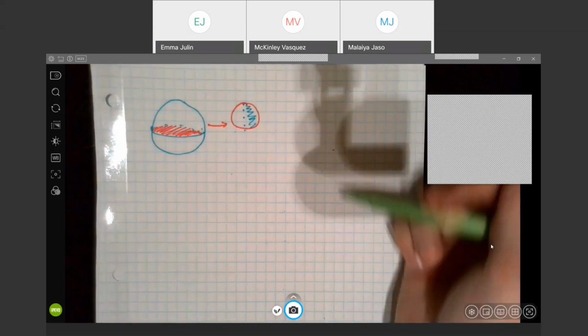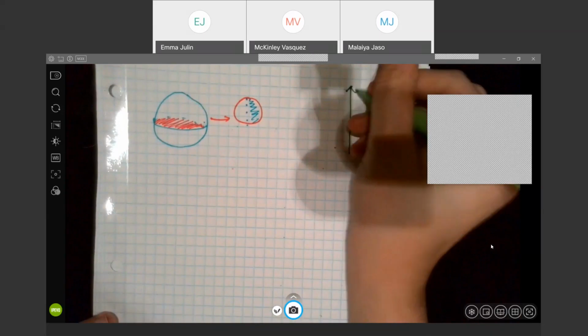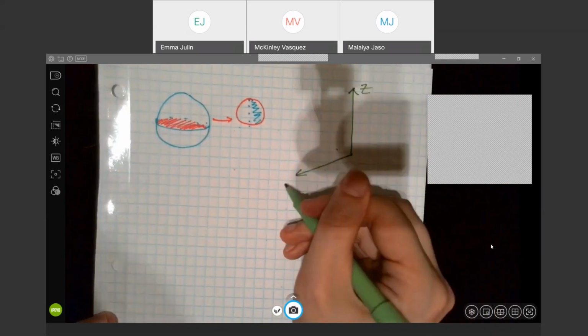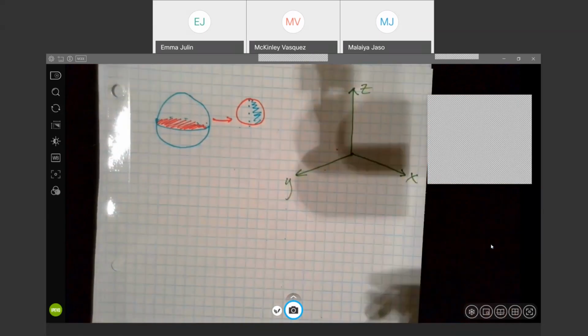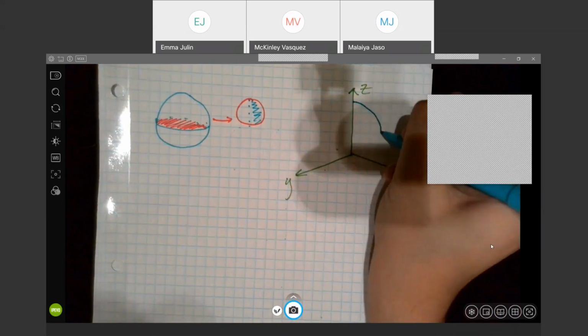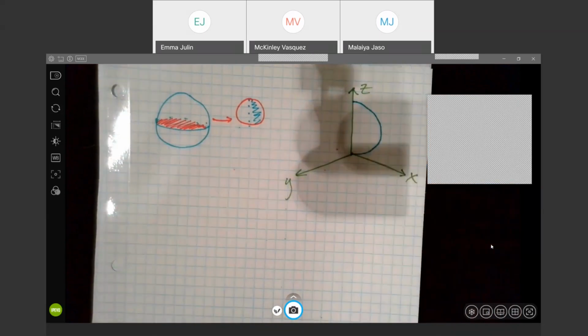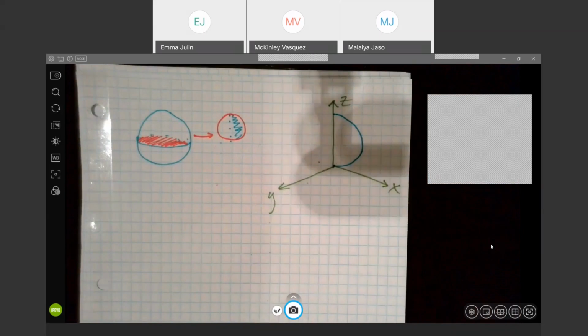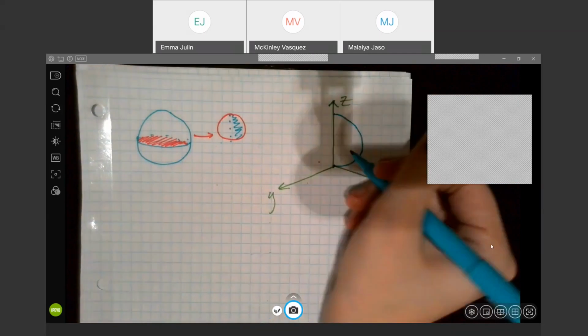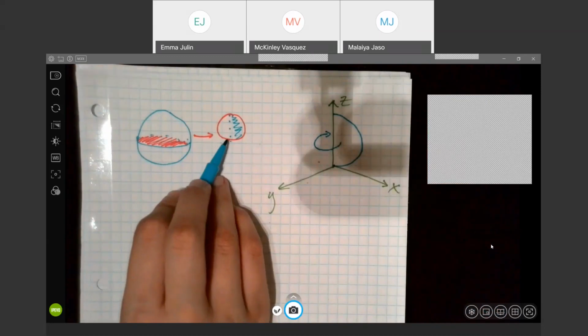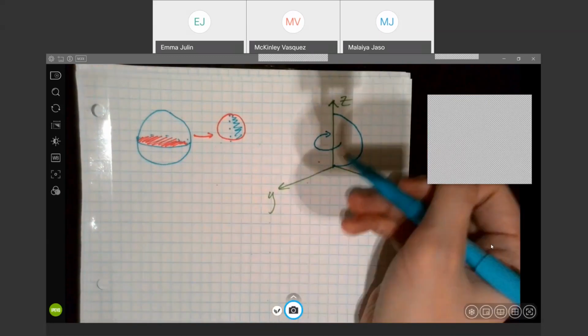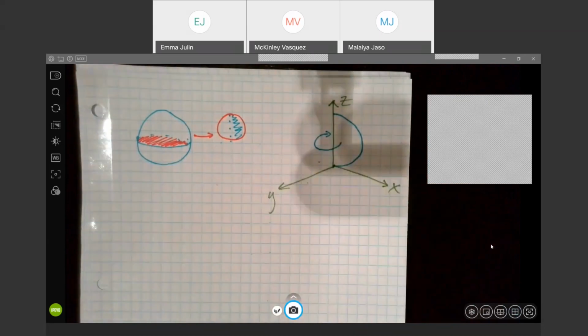So we create those axes with Z up, Y going to the left, and X going to the right. We just go ahead and graph that circle on there. And then all you have to do is rotate, because again, the reason why we do the half is because as this thing rotates, it eventually will rotate back on itself to form that full cross-section image again. So you start with half, and once rotated, you'll receive that full view.